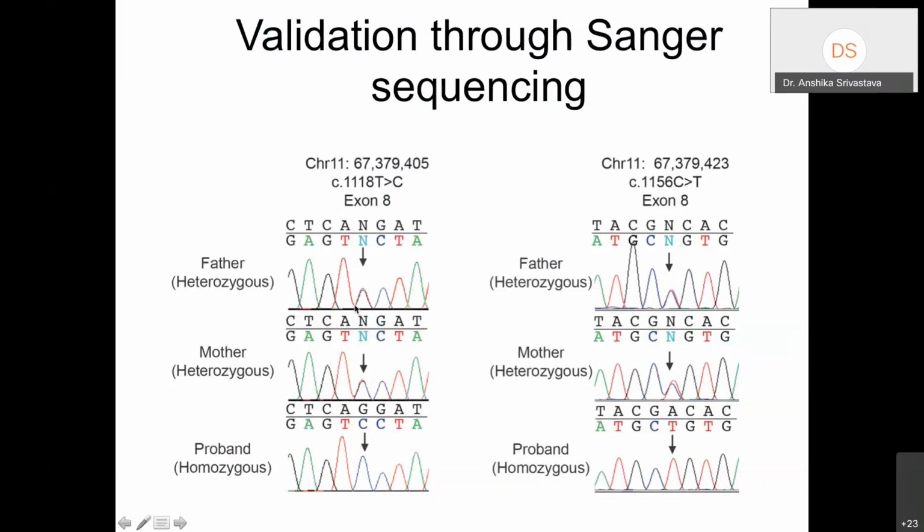Over here, you can see two overlapping lines. Red is for T, blue is for A, whereas the proband was homozygous. Red is for T and blue is for C, and here you can see a clean C, which shows that the proband is carrying the homozygous allele.